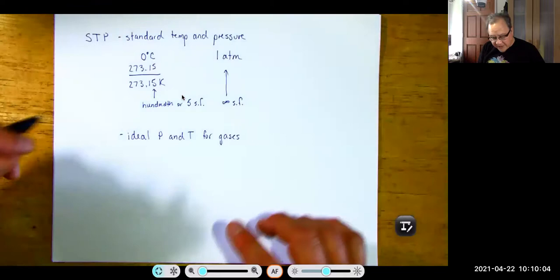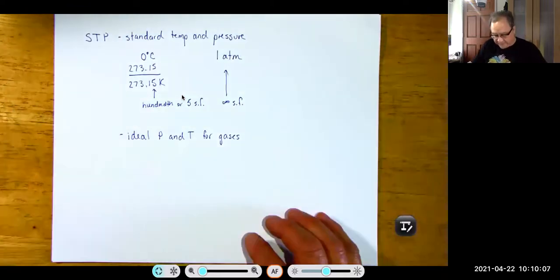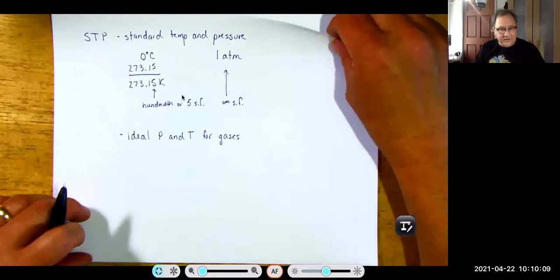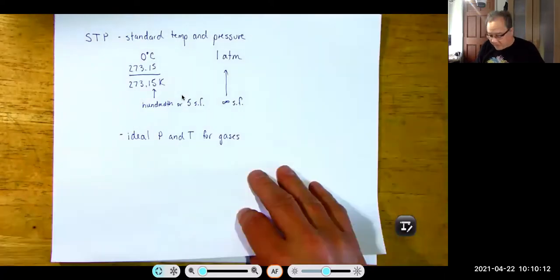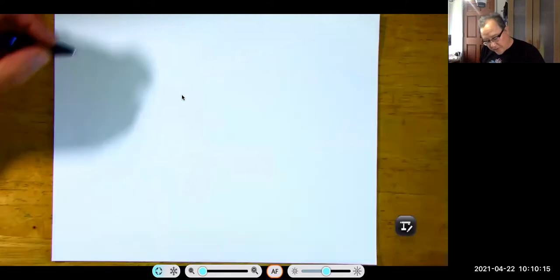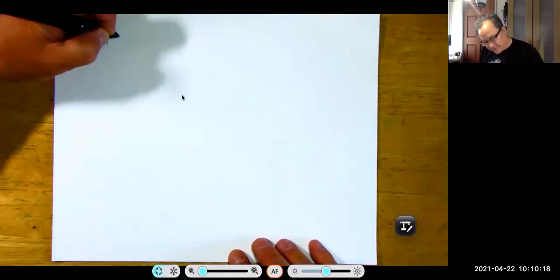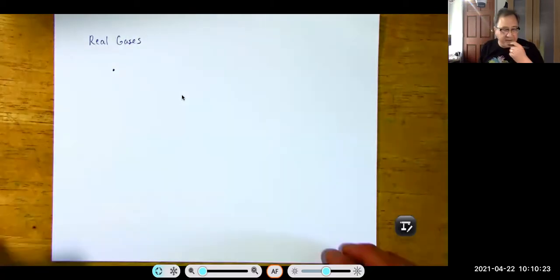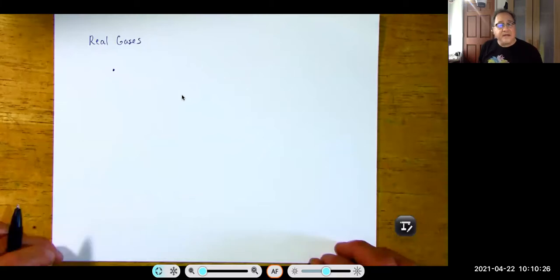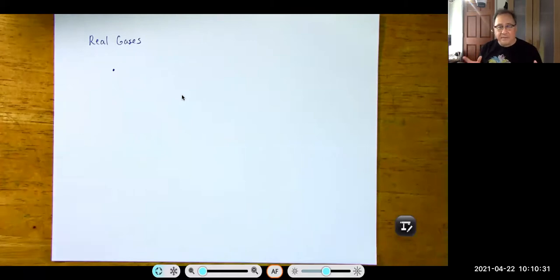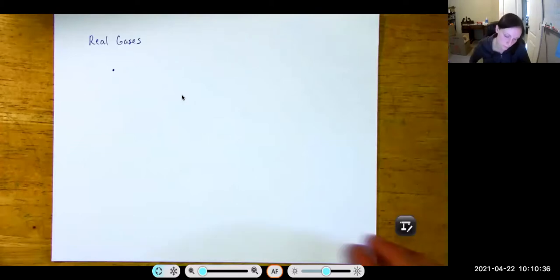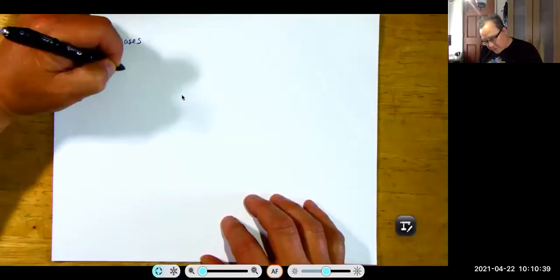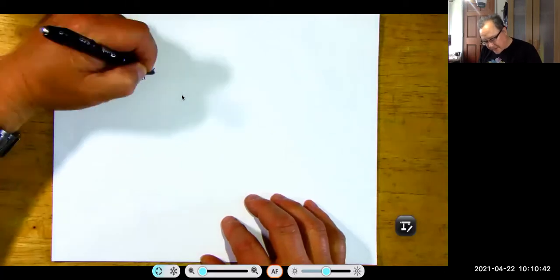So why do gases not behave ideally? Why do they differ? What makes them behave in a real fashion? So I'm going to put real gases. Do you remember that one of the postulates of the kinetic molecular theory of gases is that the space between the particles is really big and the particles themselves are small? For real gases, the real volume is less than the ideal volume.